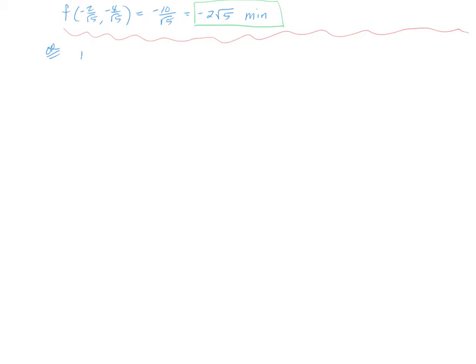You could have noticed that when you got your equations with your lambdas in them, you could have actually solved for the 2 lambda, because that's common in both equations. So you could have gotten that 2 lambda is equal to 1 over x, and 2 lambda is equal to 2 over y.